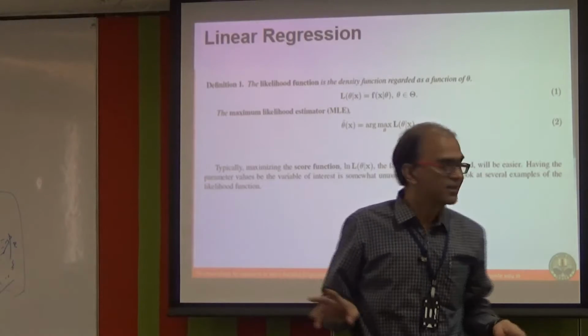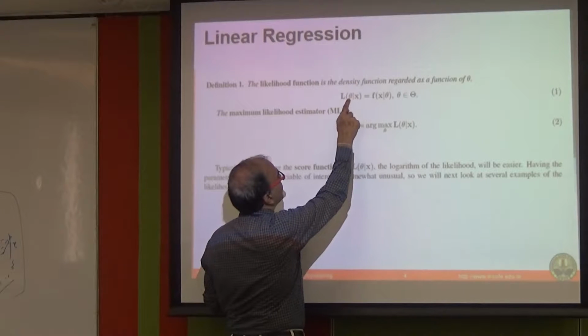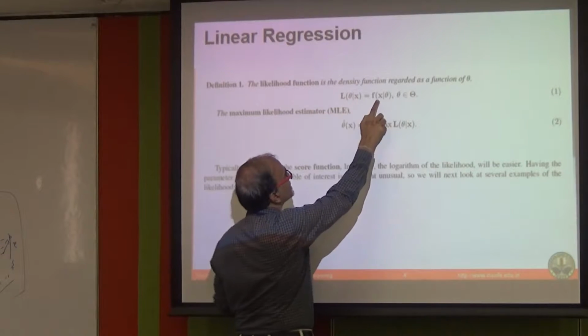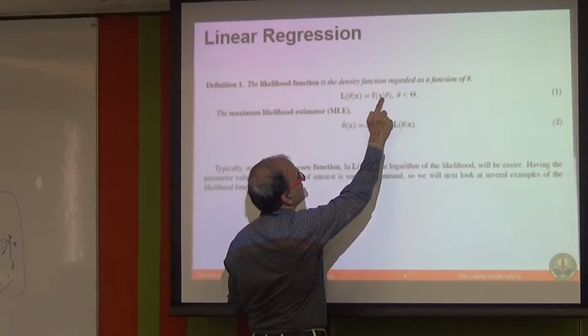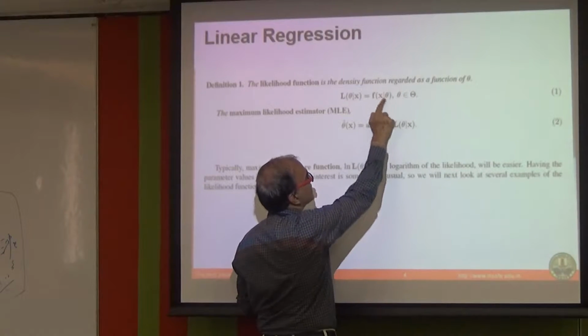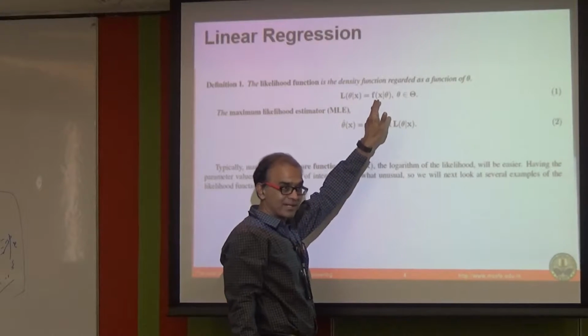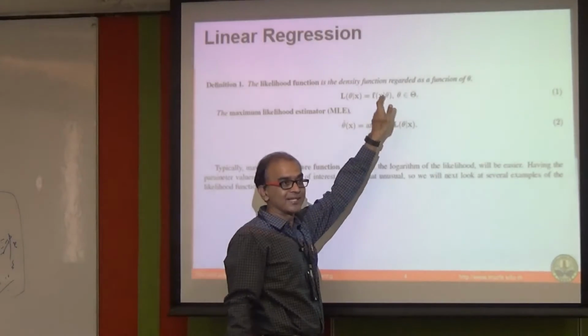They're all independent. So all I am saying here is the likelihood function of theta is defined as the probability of seeing the first point times the probability of seeing the second point times the probability of seeing the third point, as a function of the thetas. Now I express this in terms of theta.